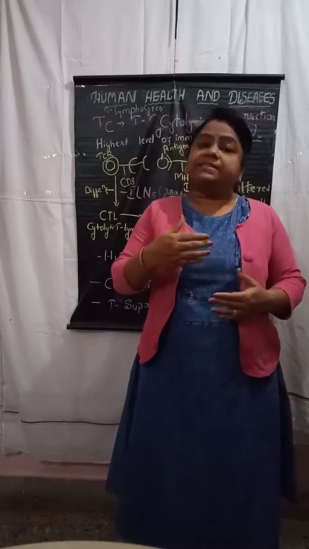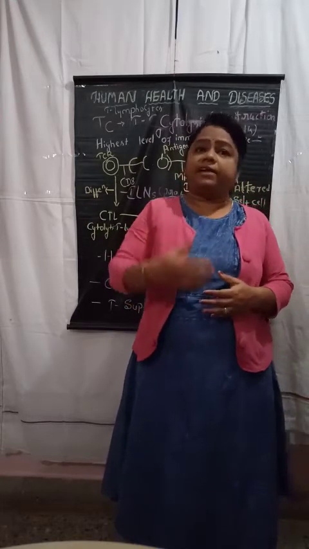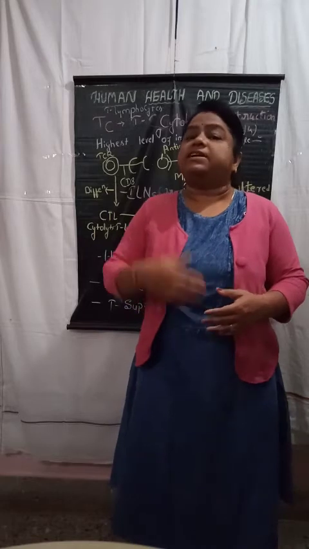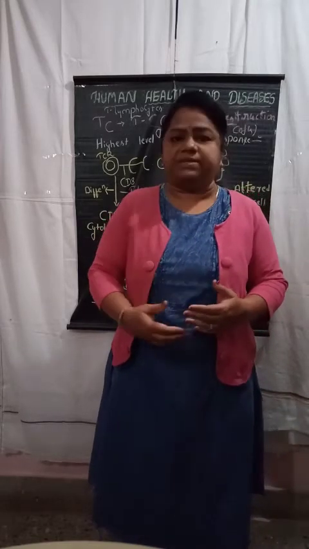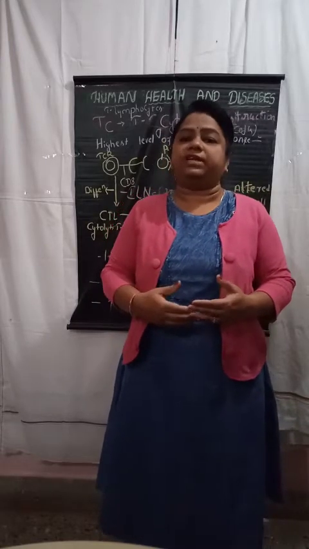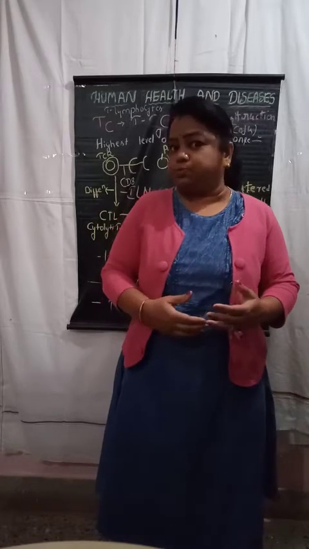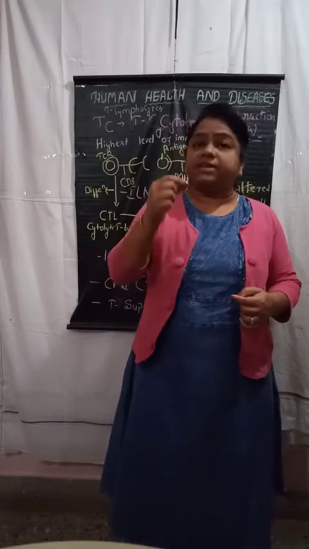Okay. In the last video, we have already discussed the mechanism of the T lymphocytes, particularly the T helper cells. What will they do? The T helper cells undergo differentiation to produce one of the chemicals that we call interleukins. So what is the function of these interleukins?